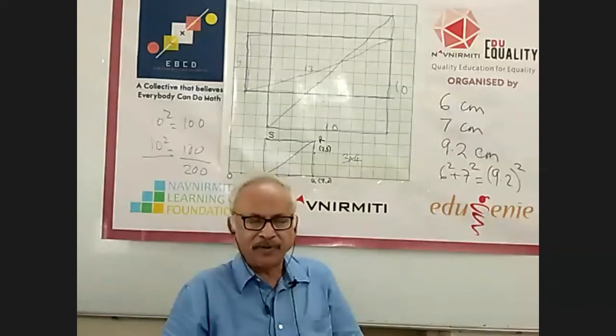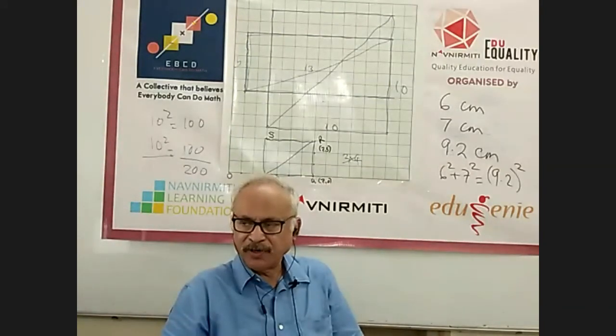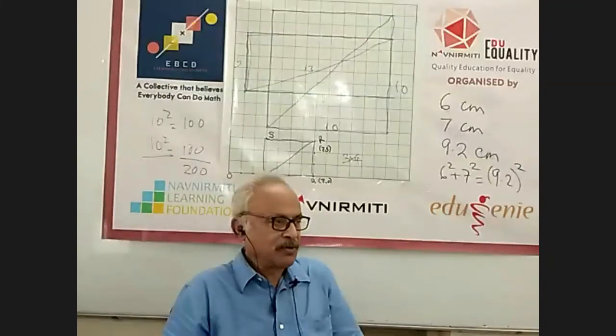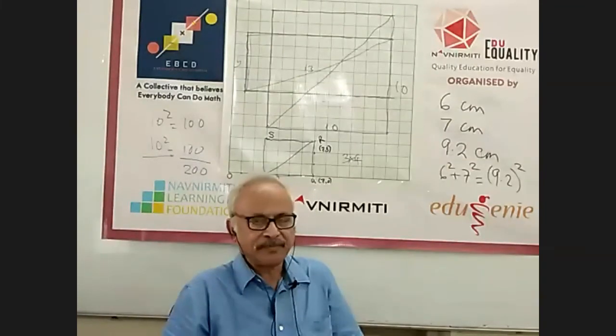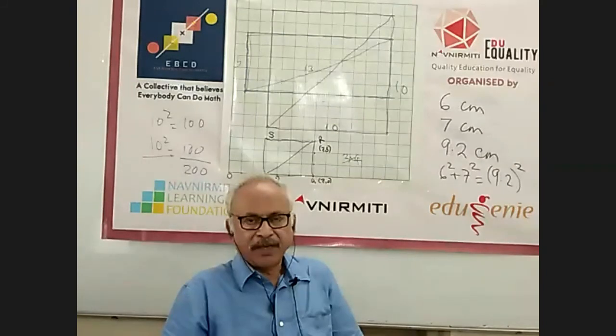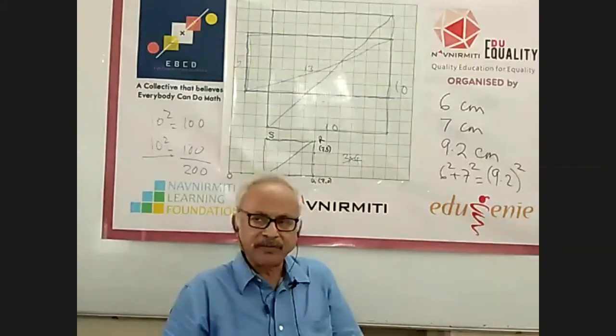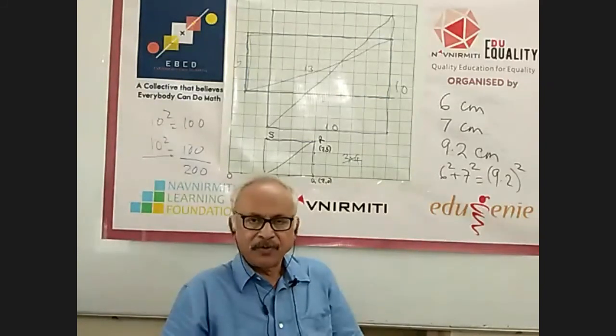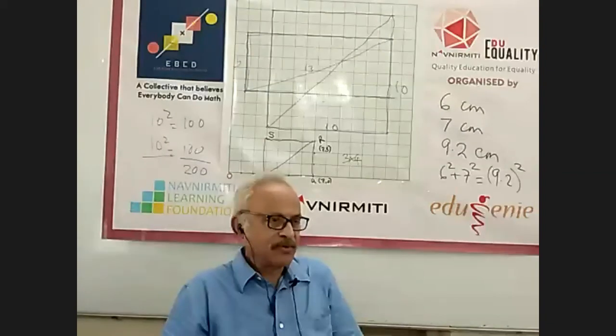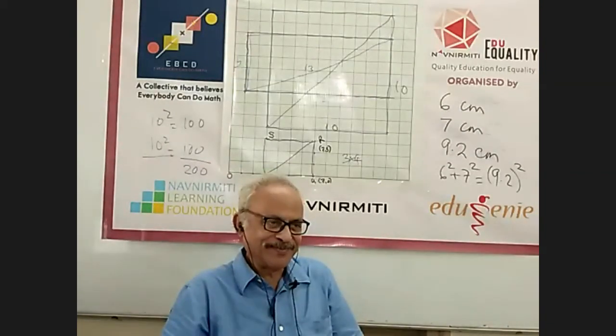You know how to get it? And then again, find the square root of 400. One is very easy. One is not so easy.